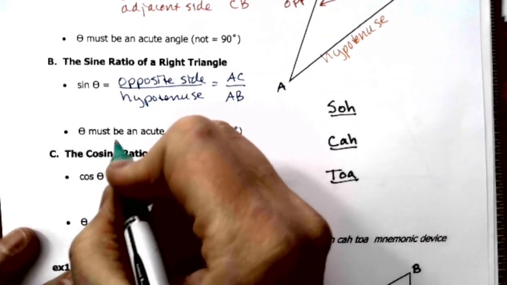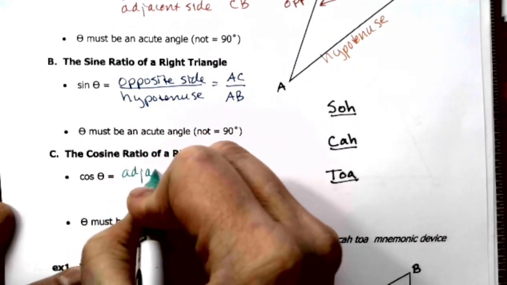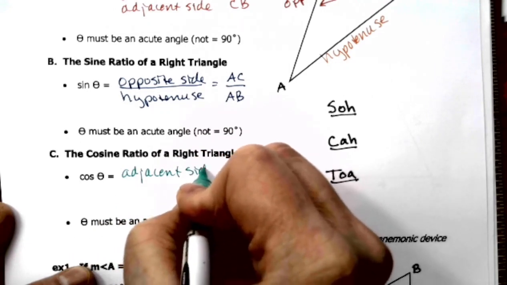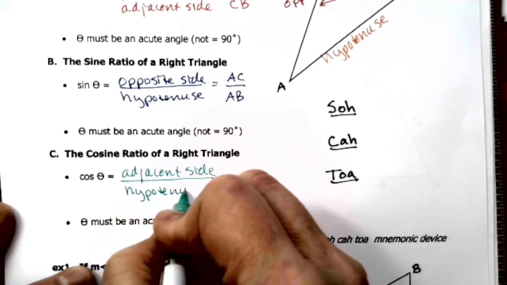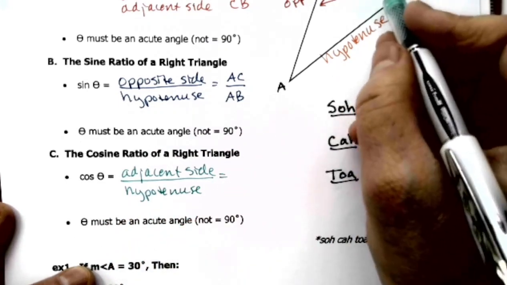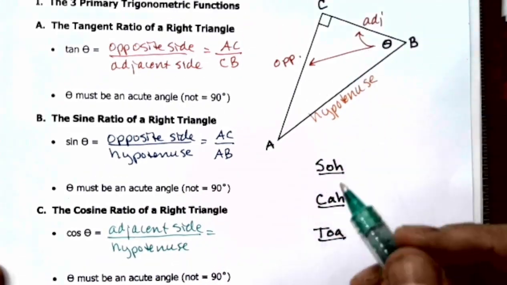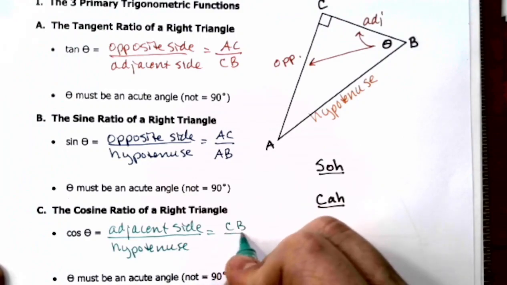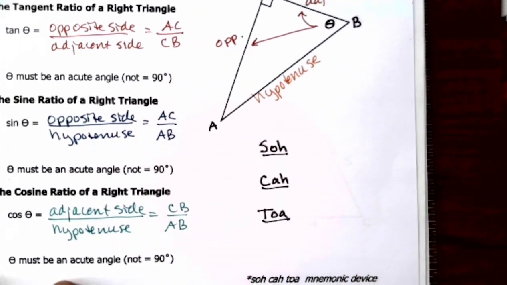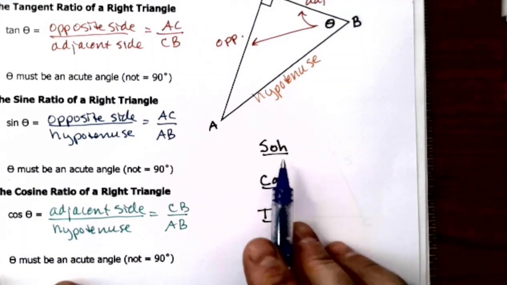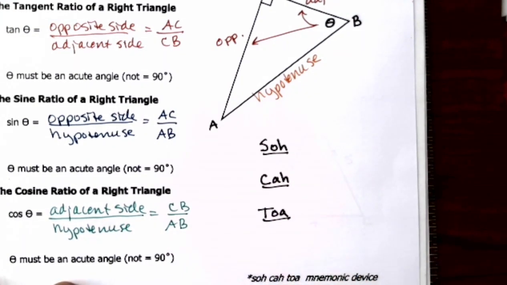Cosine is the ratio of the adjacent side over the hypotenuse. So in this picture, the adjacent side is CB. The hypotenuse is AB. Now, to keep these straight, there's a nice little saying, SOHCAHTOA.